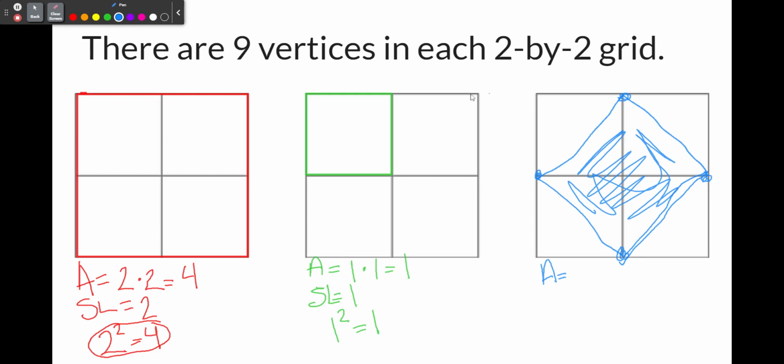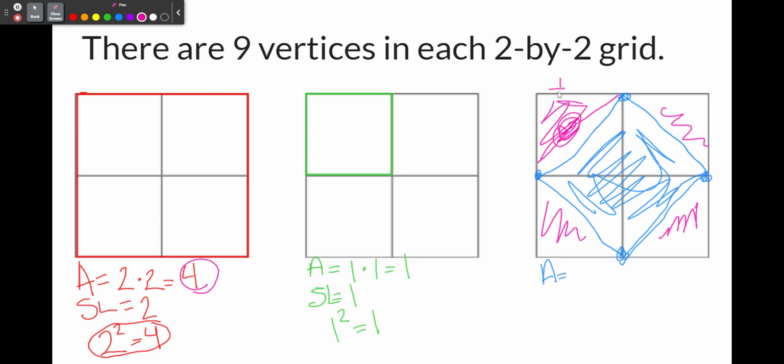So to do that, I need to get rid of the other sections that are here. So this section needs to be taken off and this section needs to be taken off. All these pink areas need to be taken away. So we know that the whole 2 by 2 grid is equal to 4. If we have these pinks cut in half, so this is a half.